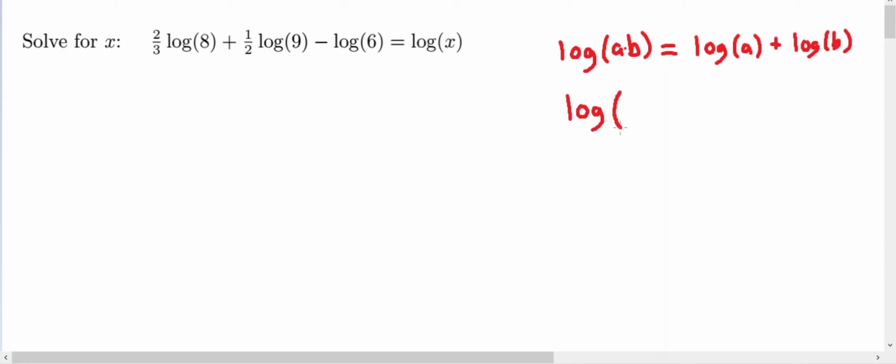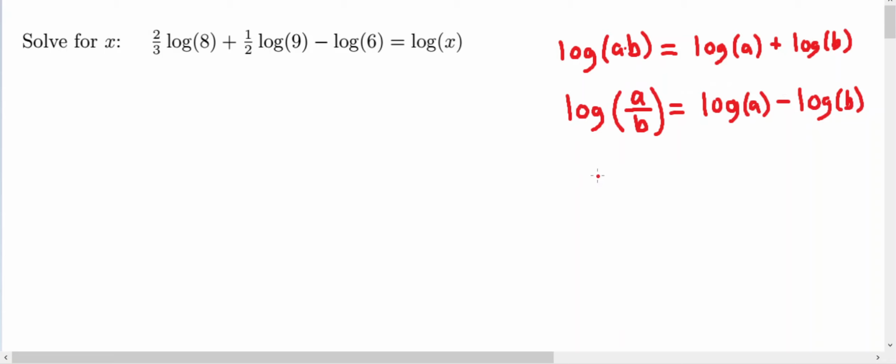Analogously, there's this relation: log of a over b is equal to log of a minus log of b. So in this version, we take the operation of division inside the argument and convert it to a difference. So you've got multiplication goes to addition, division goes to subtraction.